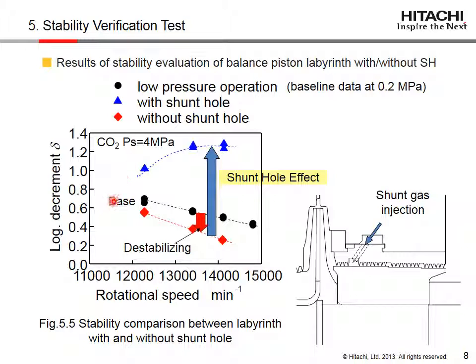When we increase the pressure to 4 MPa conditions, the log decrement decreases. This is the destabilizing direction. Then shunt gas injection is added and tested at the same high pressure condition. The log decrement is much improved by the shunt hole injection. This is the comparison data with shunt hole and without shunt hole.